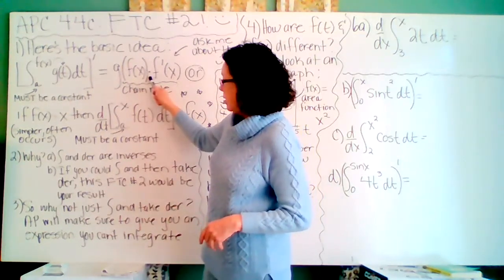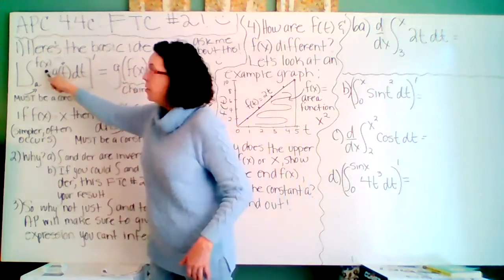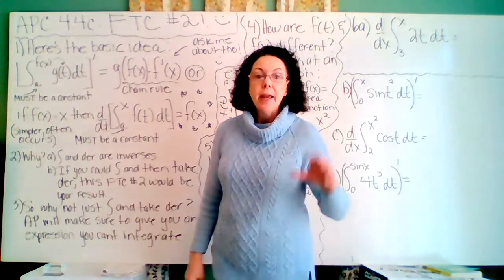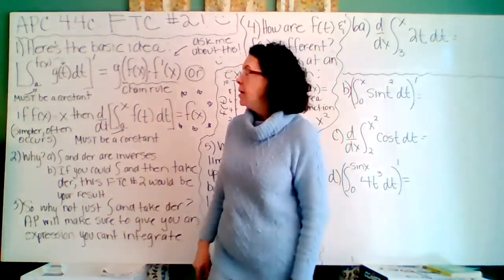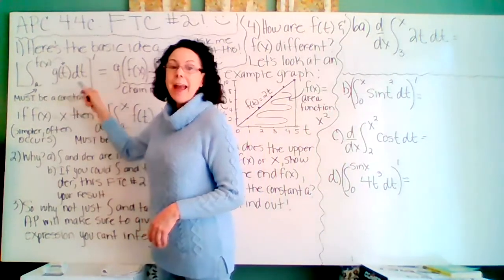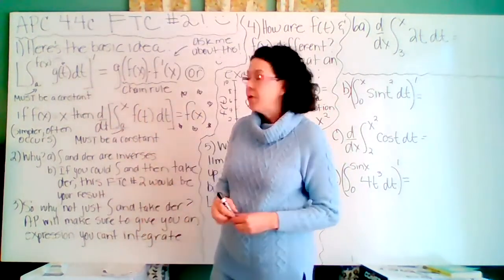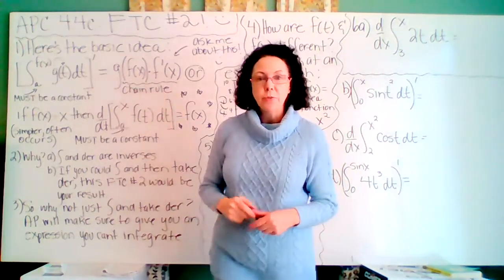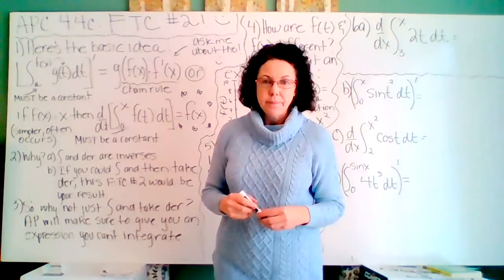Multiplied by the derivative of the upper limit, the derivative of the inside function. Okay, why? Because if you actually were to integrate and then take the derivative, you would have the chain rule right here, and you would have to have the derivative of the inside function.